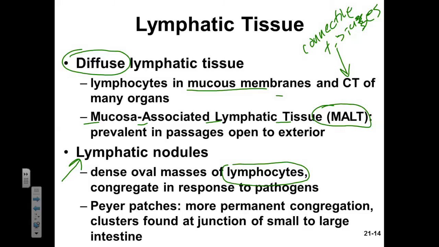Sometimes they are larger though, and if we're actively fighting an infection, the lymph node will increase in mass. Within our lymph nodes, we are going to have lots of white blood cells waiting to sample those pathogens. And this term right here, a lymphocyte, is one of the kinds of white blood cells that we're going to talk about.